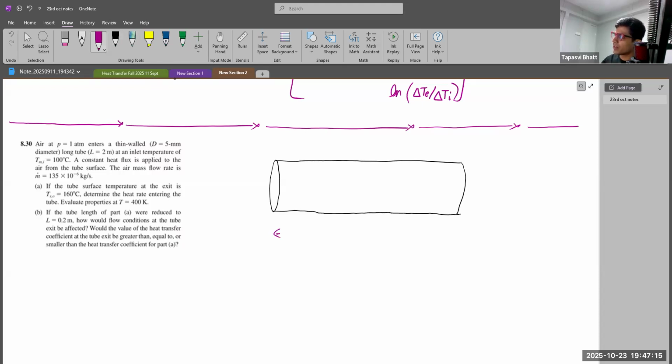So this length is 2 meters, and this is 0.005 meters.